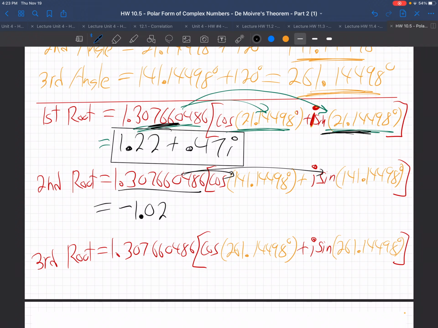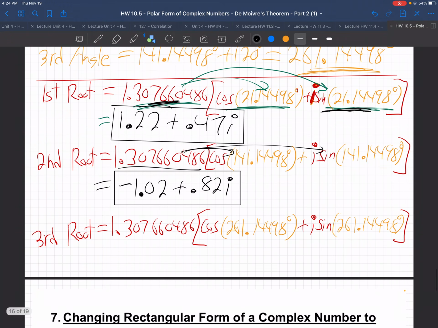And then the last spot, 1.307660486 times the sine of 141.14498. I'm getting plus 0.82I. There's my second complete root answer.